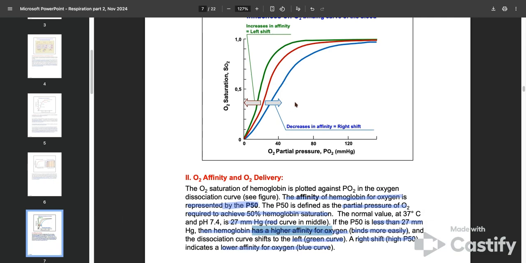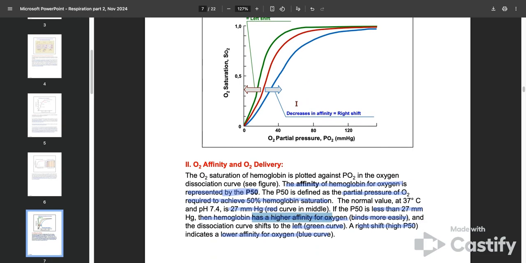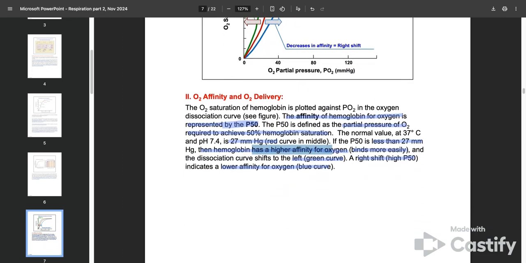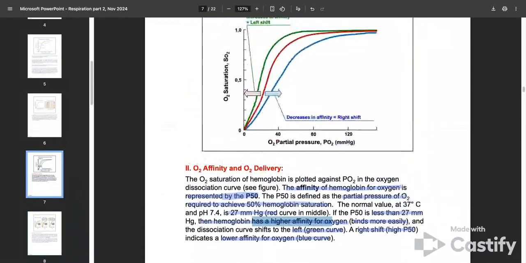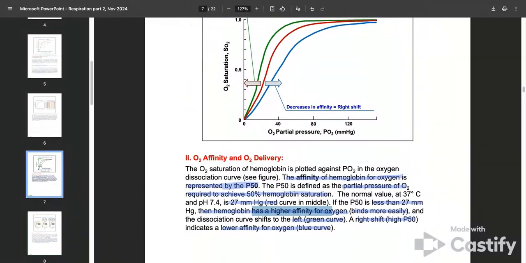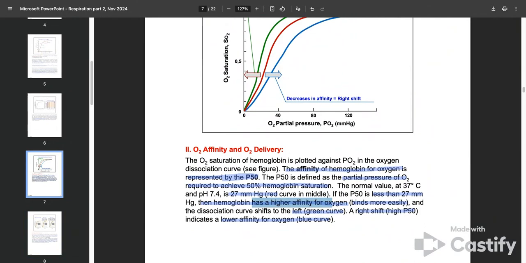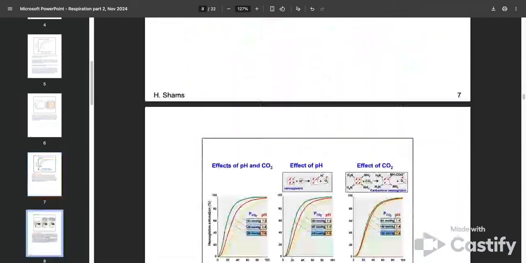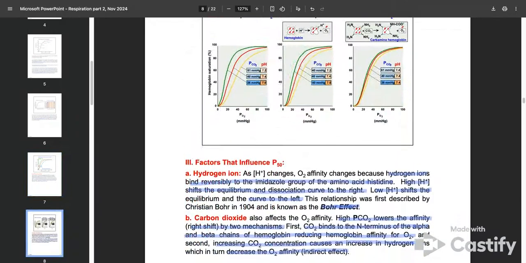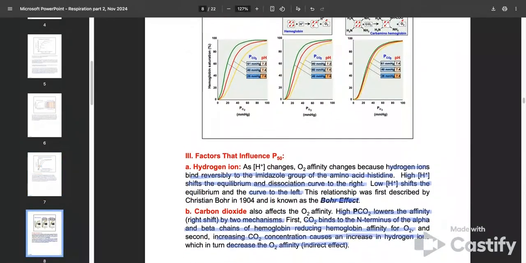And a right shift indicates a lower affinity for oxygen, which means a higher P50. So higher P50, lower oxygen affinity; lower P50, higher oxygen affinity, which means less pressure is required to reach 50% hemoglobin saturation. It makes sense if you say it to yourself over and over again.